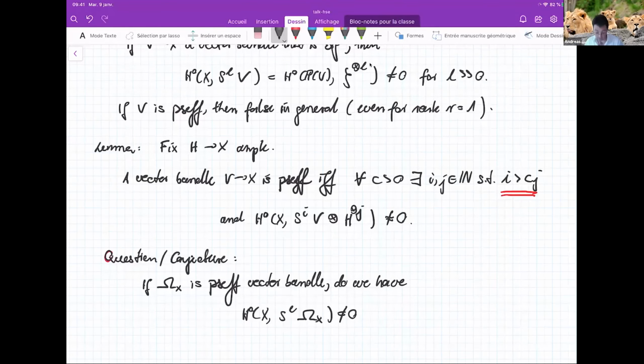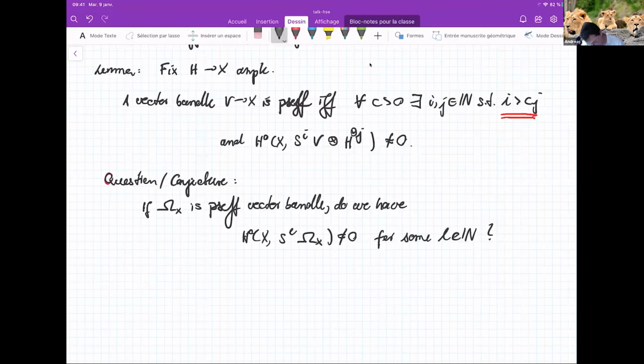So this is the question, and of course, this is an analog to the well-known non-vanishing conjecture for the canonical bundle.